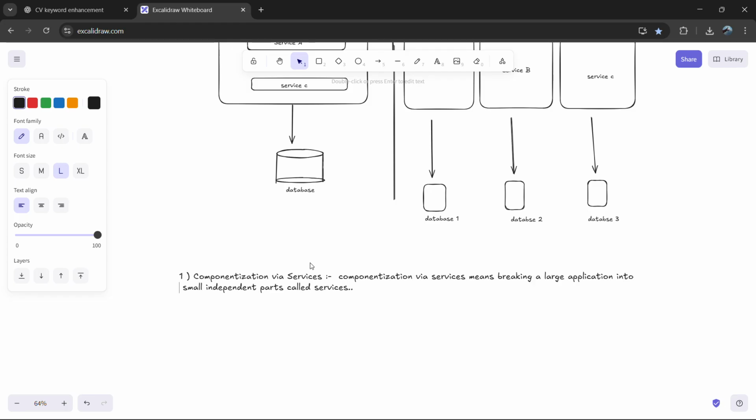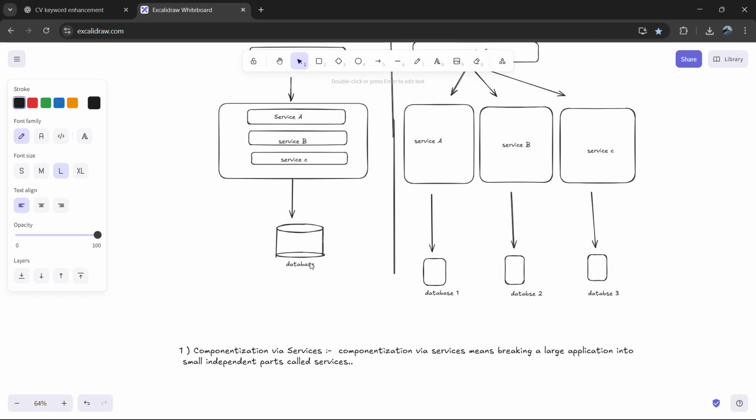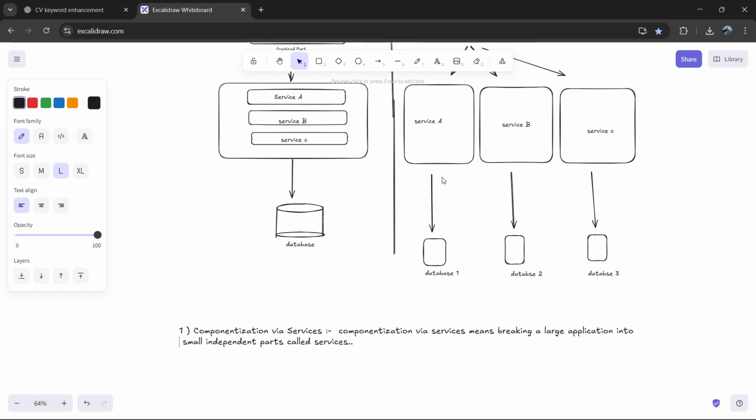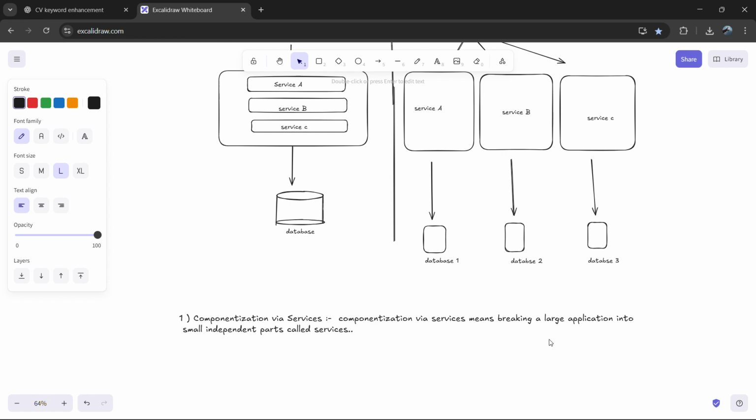So if you want to build a project using microservice architecture, the first point you have to understand is that you have to break a large application into small independent parts called services. Instead of writing one big program where everything is tightly connected, developers divide the application into separate services, and each service handles a single task.